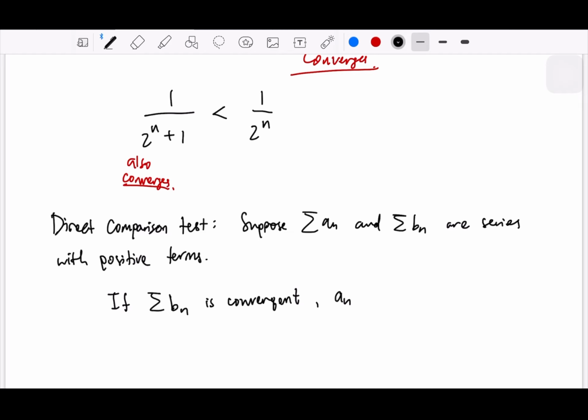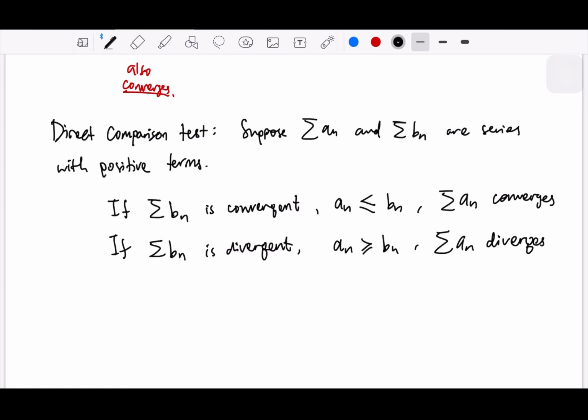So you need to be careful looking at the conditions. If Bn is convergent, and the series that we are going to determine is less than Bn, then we can say that this one, An, is convergent.